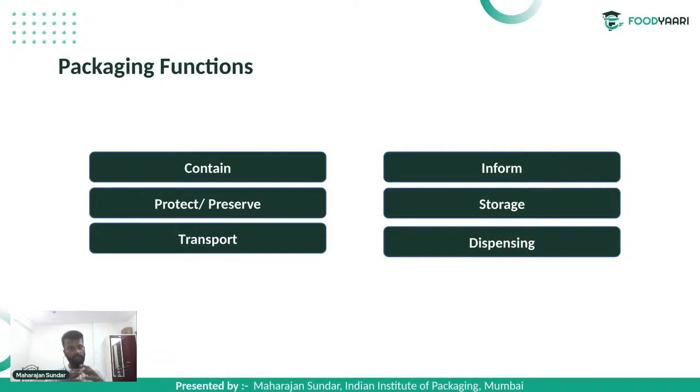Okay, now the product is contained and protected. It has to be transported from one point to another for distribution purposes. It should have the suitable strength to withstand the vibrations during transport or handling.